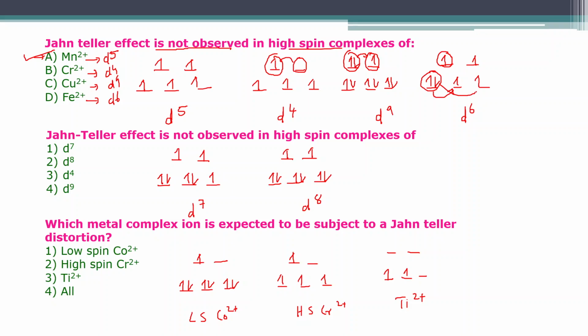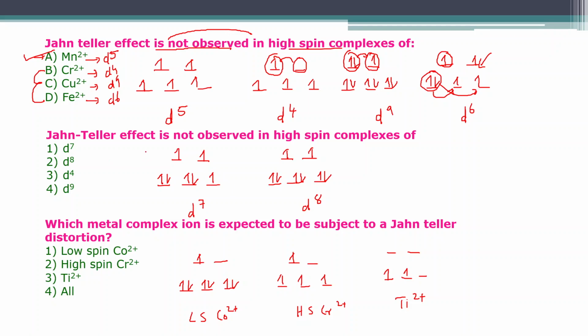This can be here, either here. So this is an example of unsymmetrical arrangement, and they show electronic degeneracy. So these three states show Jahn-Teller distortion, and the first doesn't show it. The question was which does not observe Jahn-Teller distortion, and it's option A.